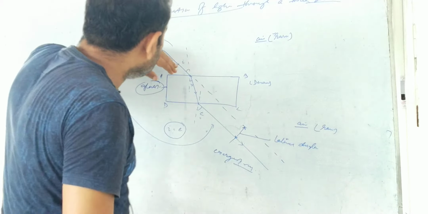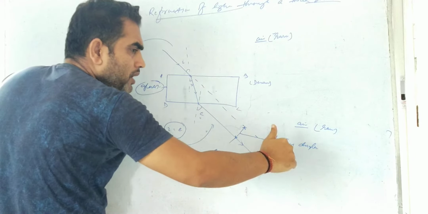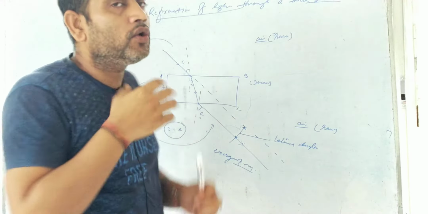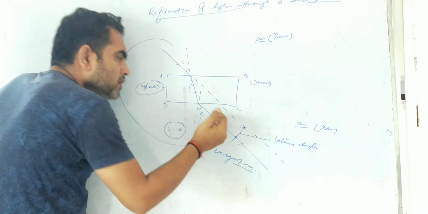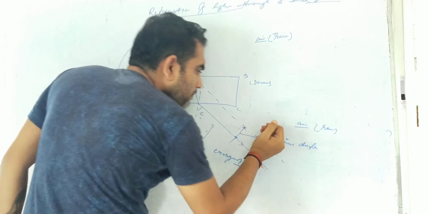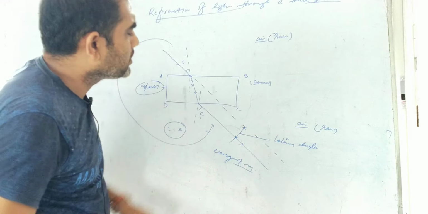So if the incident ray is produced straight, supposing that it does not bend at any of the surfaces, under that situation the emergent ray and the produced incident ray will become parallel to each other.